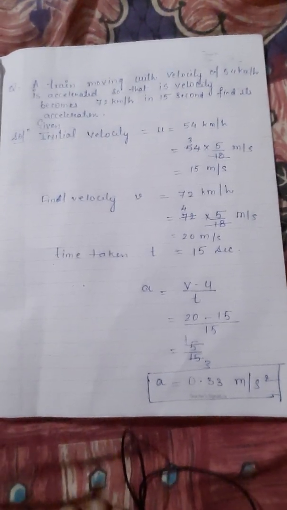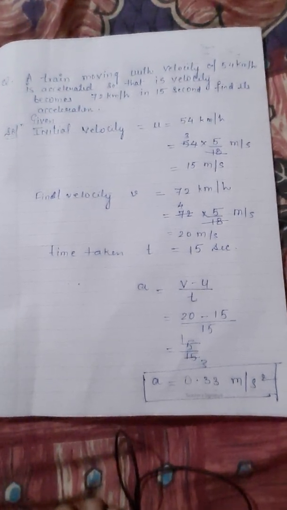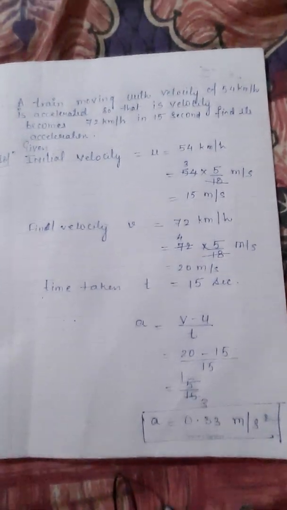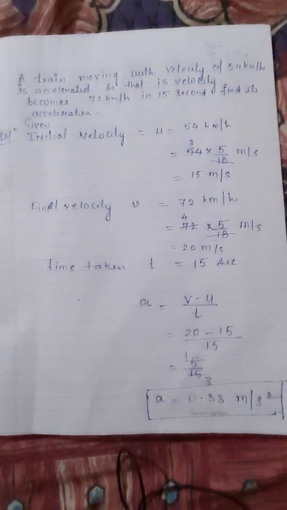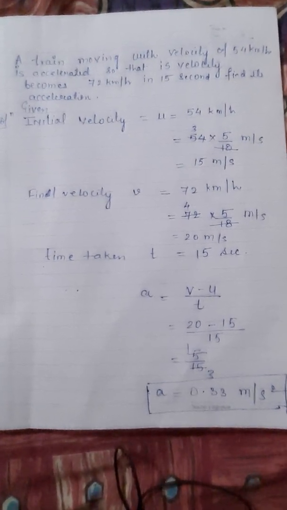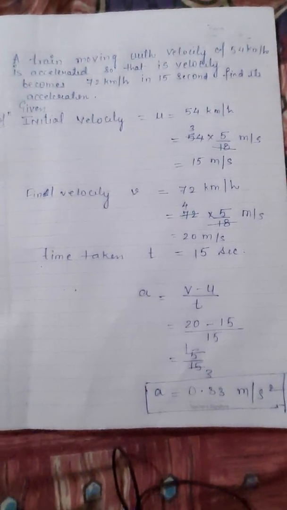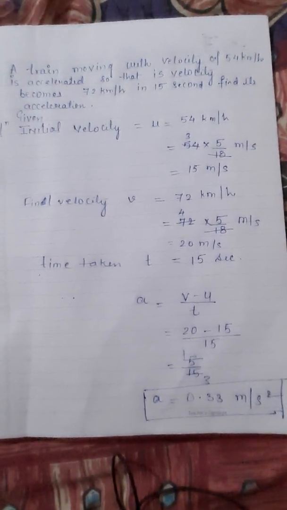The another example we have taken to find acceleration. A train moving with velocity of 54 km per hour is accelerated so that its velocity becomes 72 km per hour in 15 seconds. Find its acceleration. So first, what is given to us, we'll write.